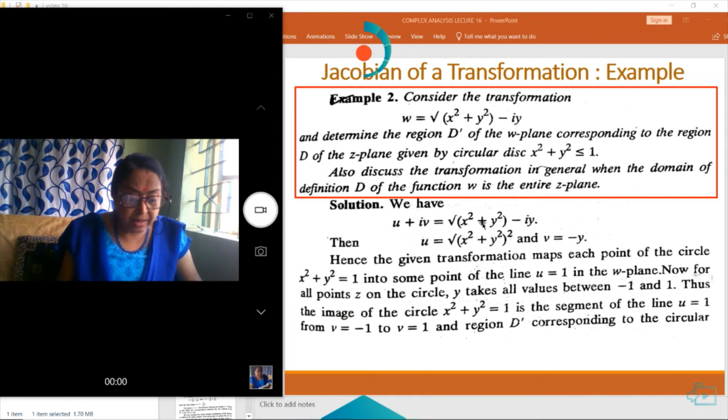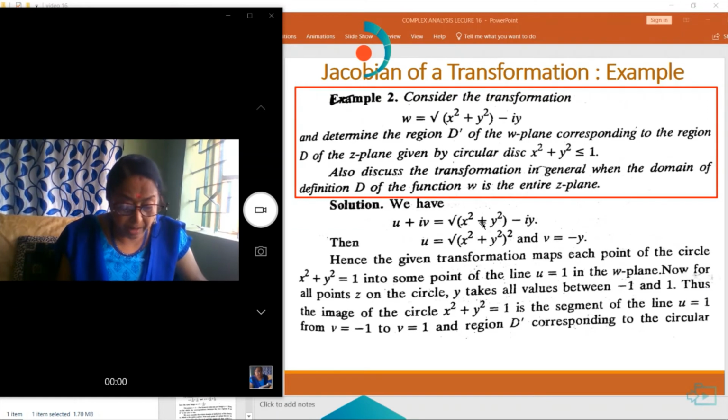We know that x square plus y square equal to 1 is a circle whose center is at 0, 0 and radius is 1.